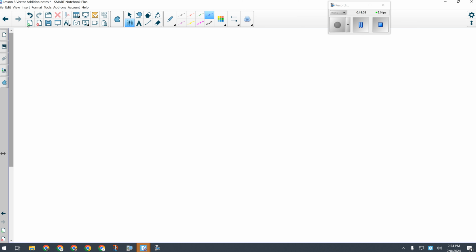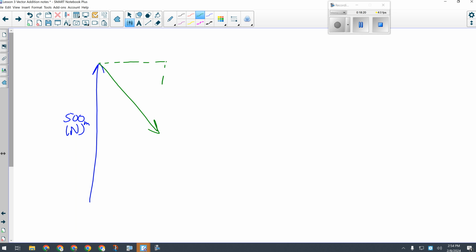Okay, so if I have, let's say, this vector here, 500 meters north, okay, and then I have this vector here, okay, so this object does this.